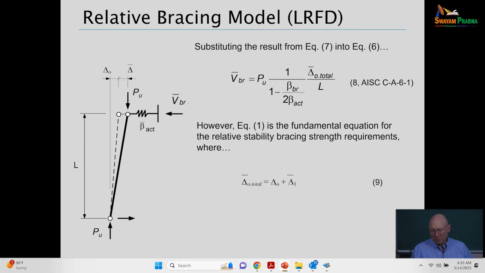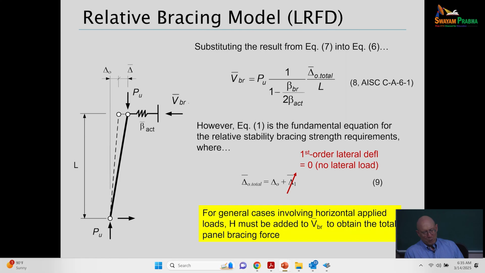Now delta naught bar total, that's delta naught plus delta 1 bar, but we're going to take delta 1 bar here equal to 0. We're going to assume there's no side sway under gravity, or there's no horizontal load that would tend to give us side sway. But if we had a more general case, say a horizontal load applied at the top, of course we would include that.